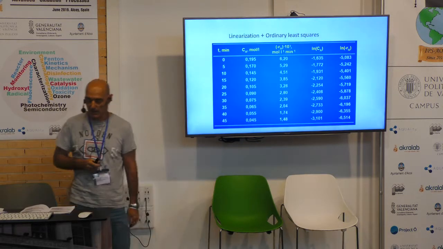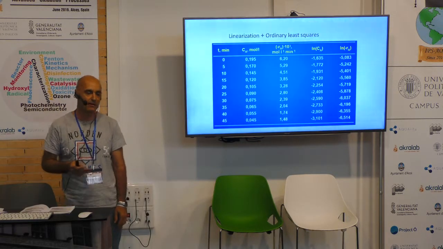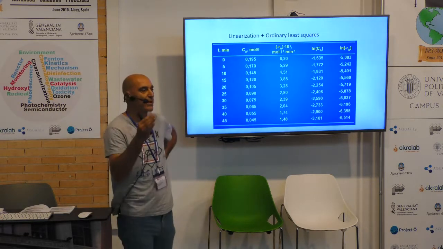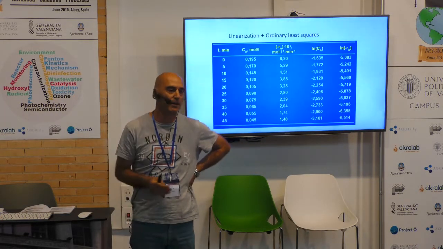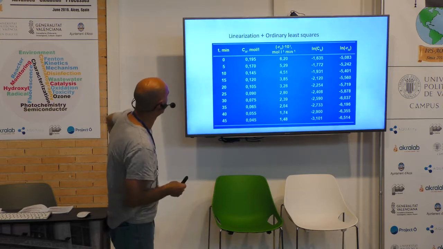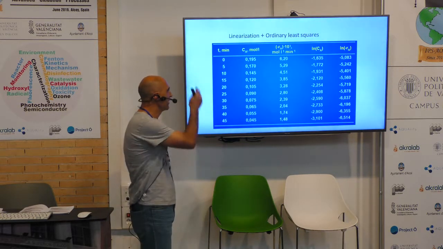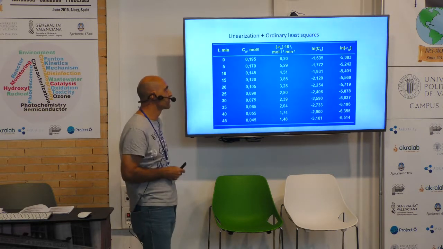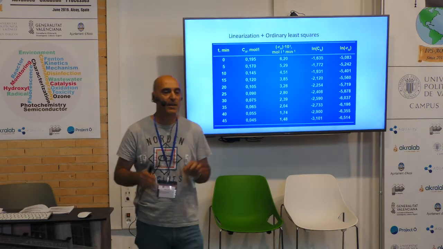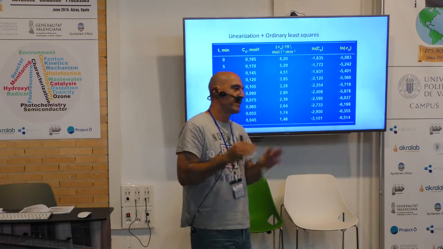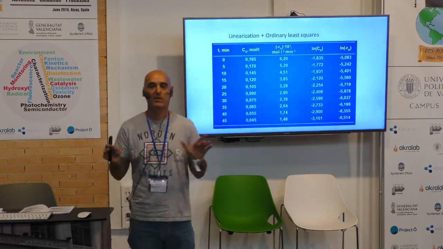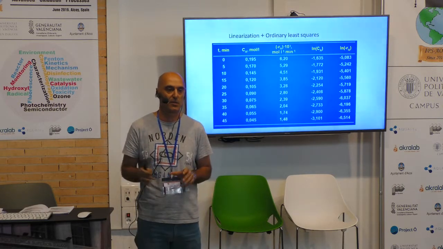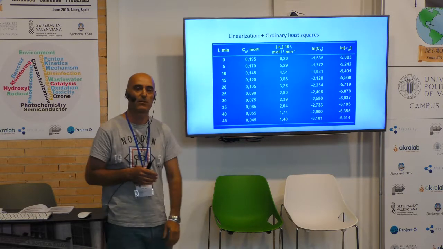And if you have, let's say, a reminder of a course on kinetics, let's do a toy example, very basic. You have here data on time and concentration, get the reaction rate, and we apply the most famous procedure for fitting kinetics, which is linearization plus ordinary least squares.